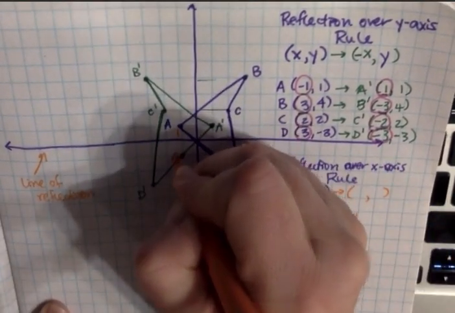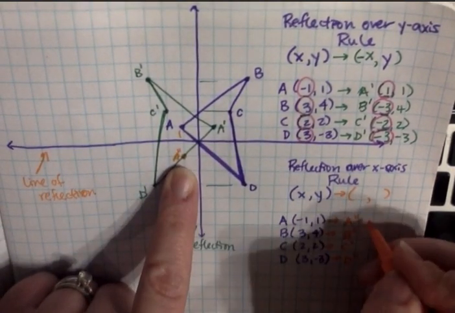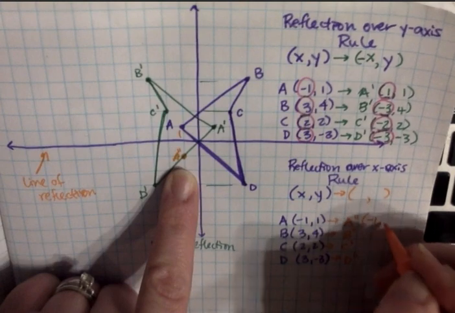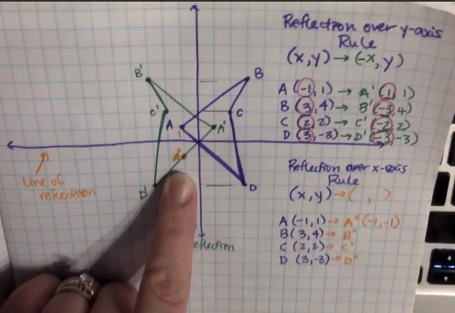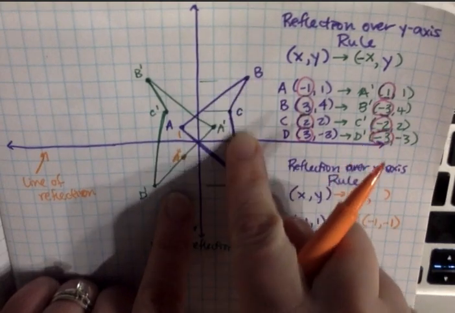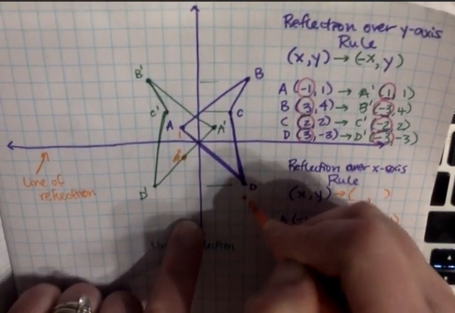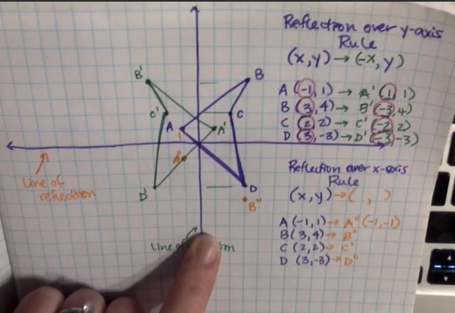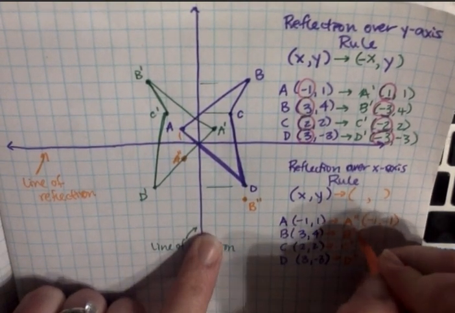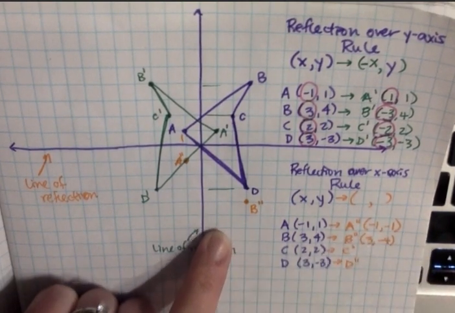A double prime is this new point here, at negative 1, negative 1. B was 4 units up, now it's going to go 4 units down. So this point right here is B double prime, located at 3, negative 4.